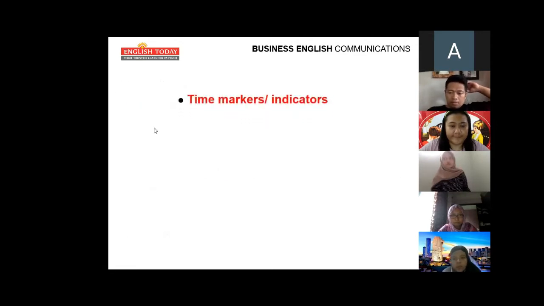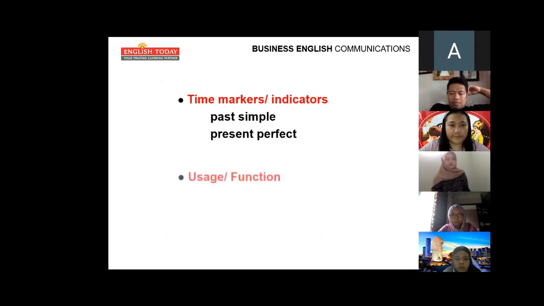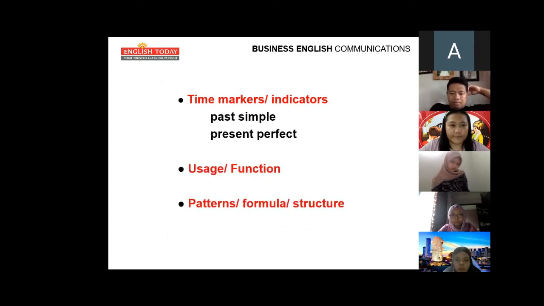Nice, thanks. So we're going to have a look at these points to differentiate. In order to use these things appropriately, we need to know the function, when to use this, when not to use that, and then the structure, the formula or pattern or whatever you call that. So you do not create misunderstandings when you use the language.